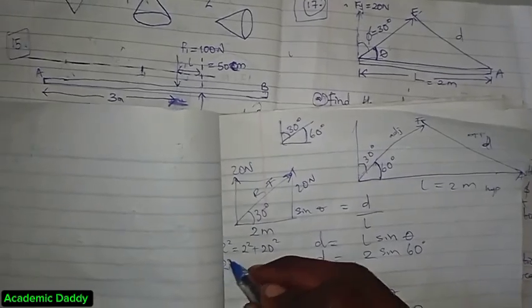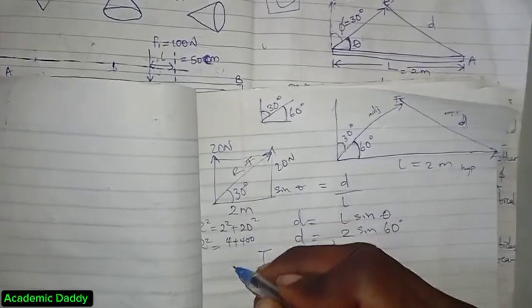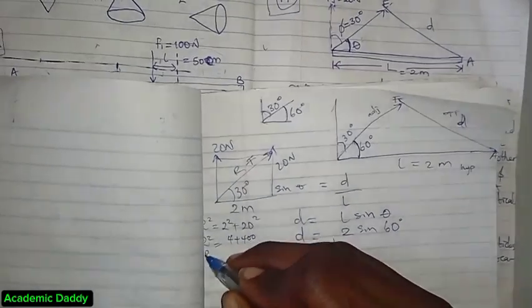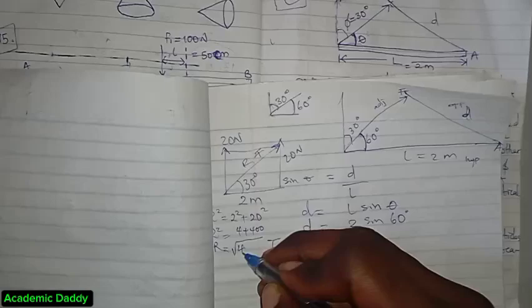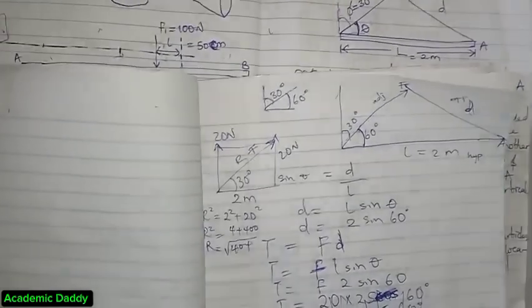So r square is equal to 4 plus 400. Then r will be equal to square root of 404.